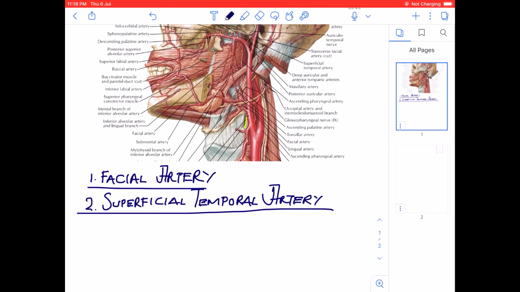The facial artery further gives off 5 different branches. Number 1, the submental artery. Number 2, the inferior labial artery.